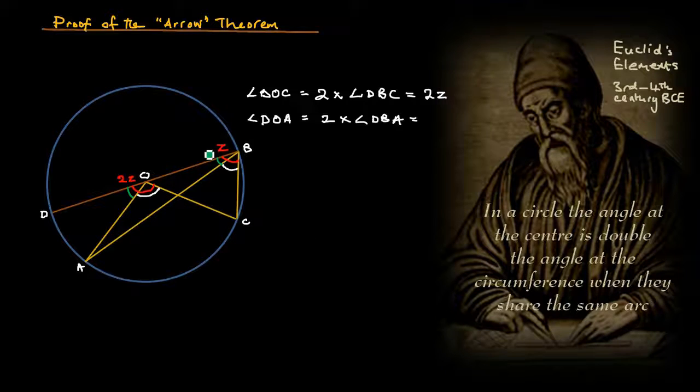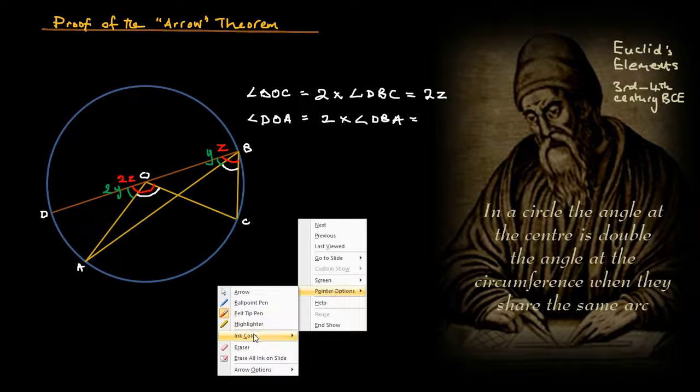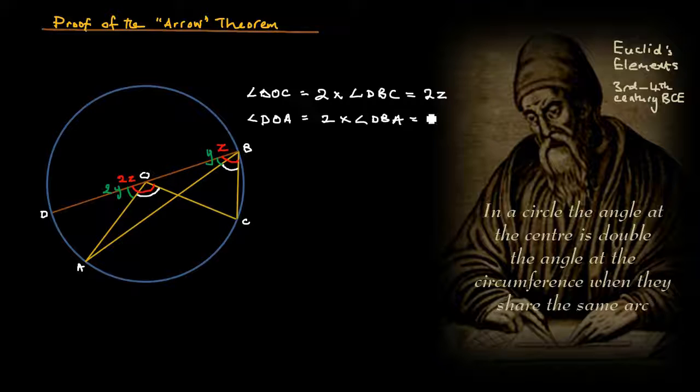And let's call that y. So if we label that y, then this must be 2y using the proof that we worked on before. Okay, so angle DOA is 2 times angle DBA, and angle DBA is y, so we're defining it as 2y. Now let's go for our proof.